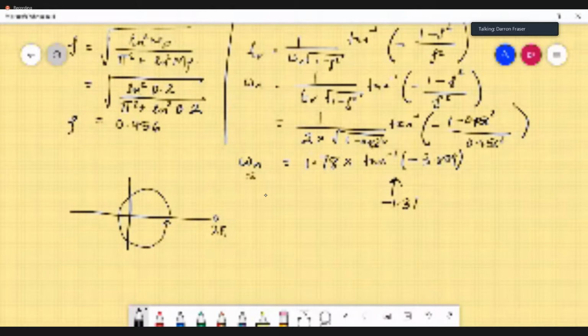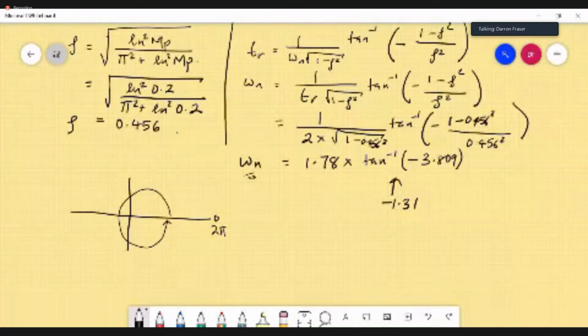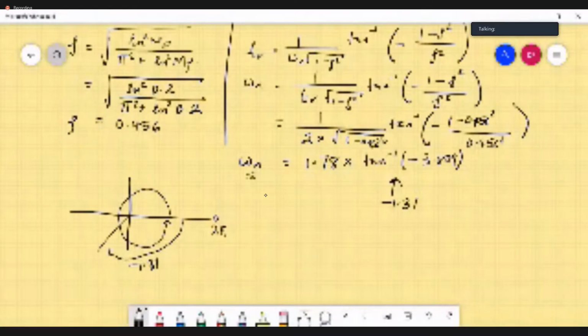Negative 1.31. We have to remember where exactly that falls. If we took negative 1.31, it would fall in this quadrant here. So we have to convert that to a positive answer.